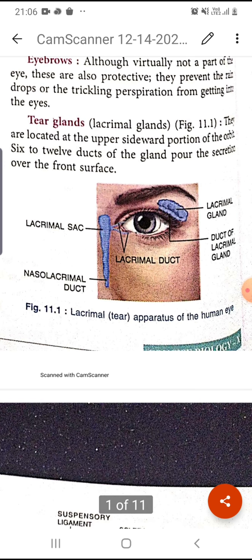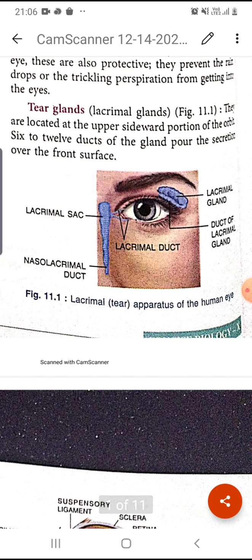Next is the tear gland, which is also known as the lacrimal gland. You can see in this figure the lacrimal duct, and in this nasal portion the lacrimal sac is there, but the lacrimal gland is present on the upper side of our eye, at the upper sideward portion of our orbit.